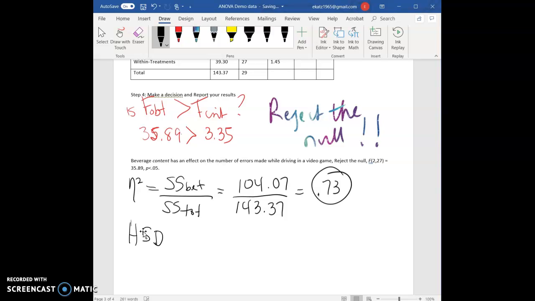The formula is honestly significant difference is equal to Q, the studentized range statistic, times the square root of the mean square within divided by n, and that is the size of the group. Now, I went earlier to the table, and you need to find the studentized range statistic, or the Q statistic, and you're going to need the K, which is the number of treatments, and you're going to need your degrees of freedom within.